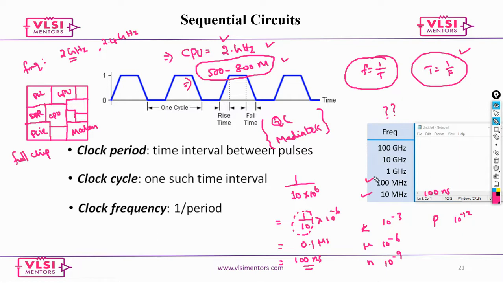Now what about the second one? If you take one more step here, it is going to be 10 ns. Now this one, and what about this one, 1 ns, and this guy, 10 gig.